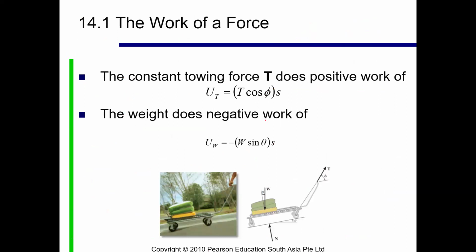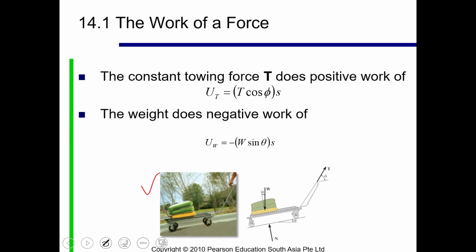So there are some scenarios now that we will see, in which we look into the work done involved. Think of a scenario where a trolley is moving on a slope with a certain angle. How can we develop equations related to work in this case?